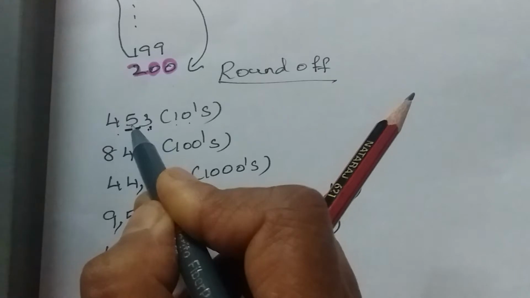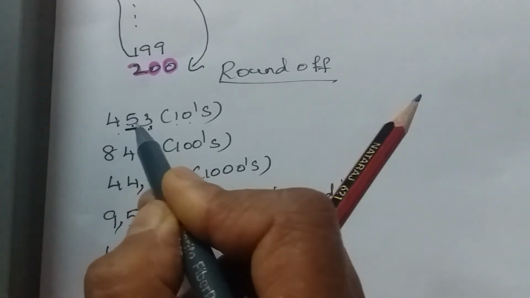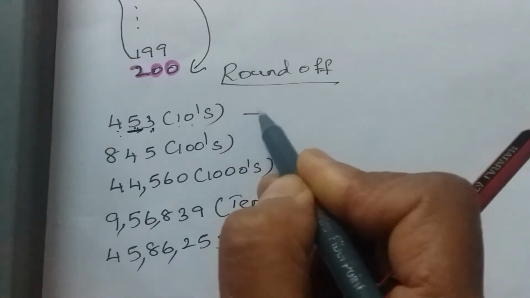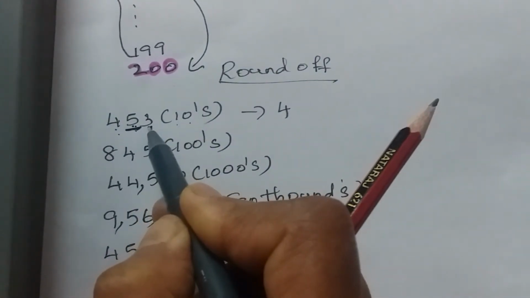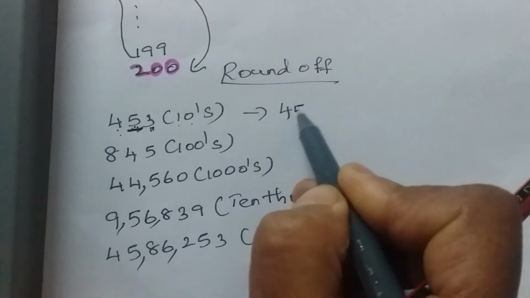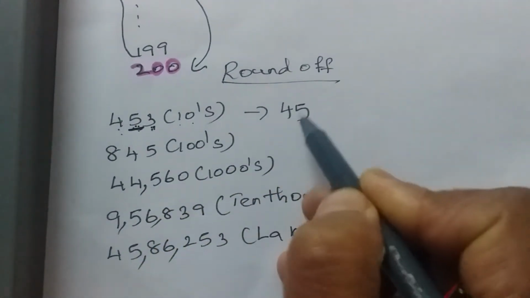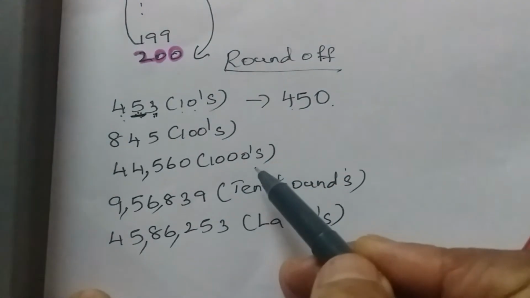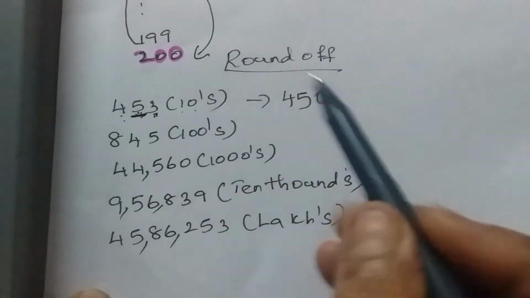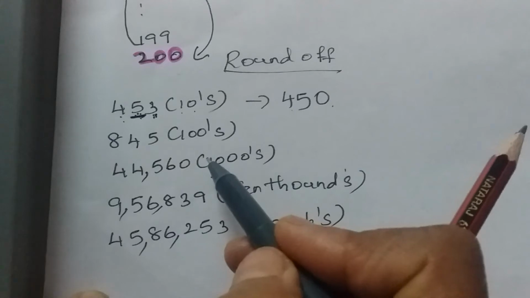So we write the same tens, and the number before the underlined digit stays as it is. Because it is less than 5, we write the same tens, and after the underlined digit, the numbers become 0. So 453 is nearest to 450. This is the estimated value, the rounded off value of 453.